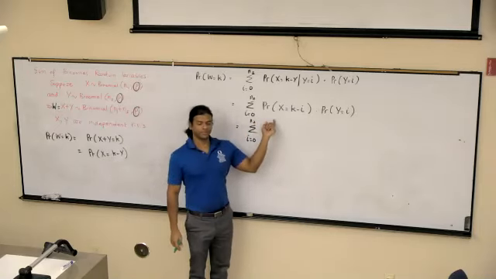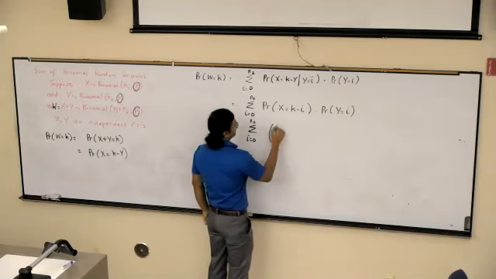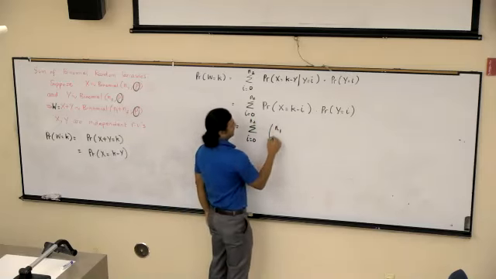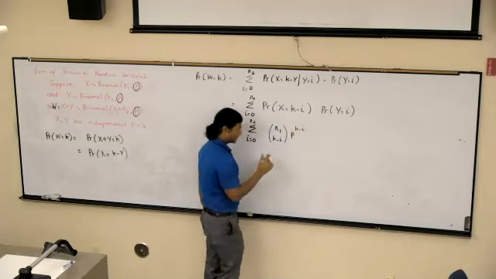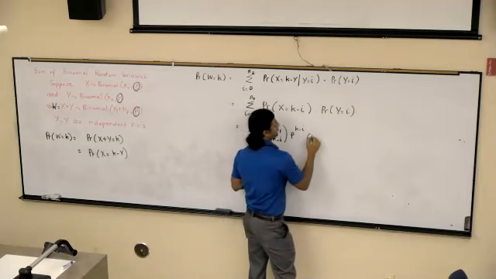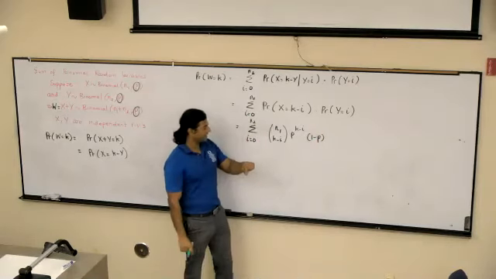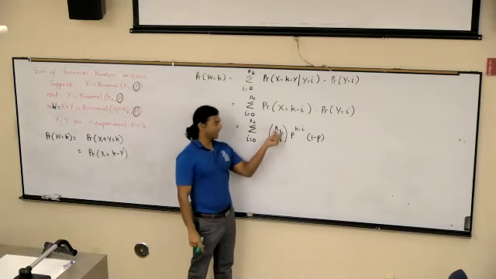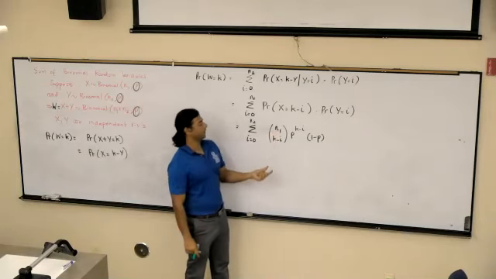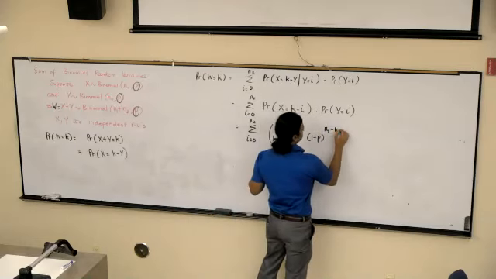X is binomial n1 comma p. So I can write it as n1 choose k minus i, p raised k minus i, multiplied by 1 minus p raised n minus x. In this case, n is n1 for random variable X, so we would have n1 minus k plus i.